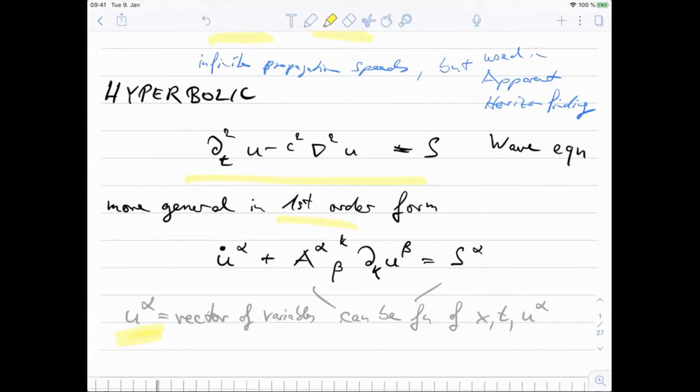And then you have the time derivatives of your u alpha, and you have any possible combination of first spatial derivatives.